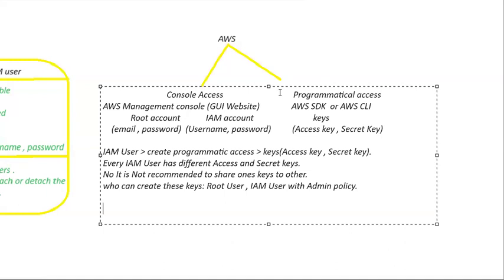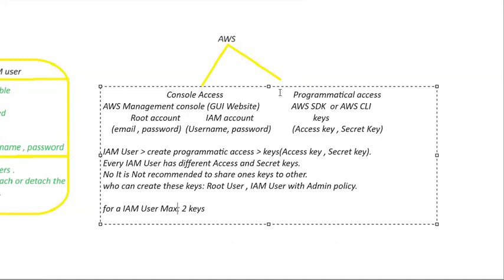So mainly they'll maintain two keys, one for daily use and one for spare or backup. Here also you can create two keys for programmatic access, two keys for an IAM user.